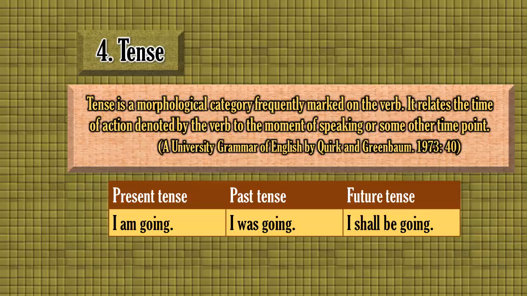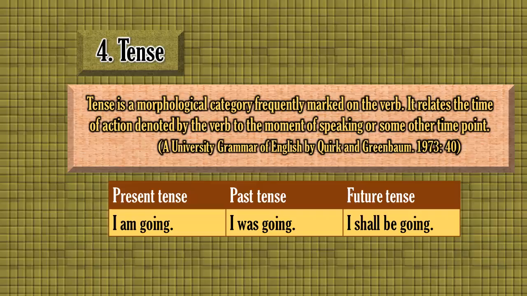The fourth category in inflectional morphology is tense. Tense is a category frequently marked on the verb. It relates the time of action denoted by the verb to the moment of speaking or some other time point. Look at the table.